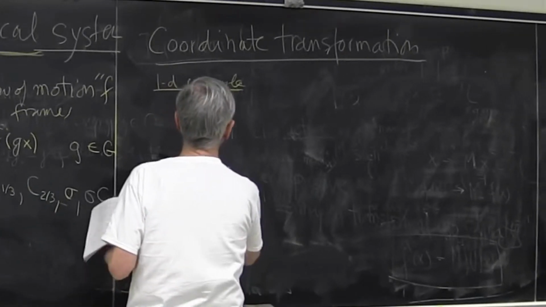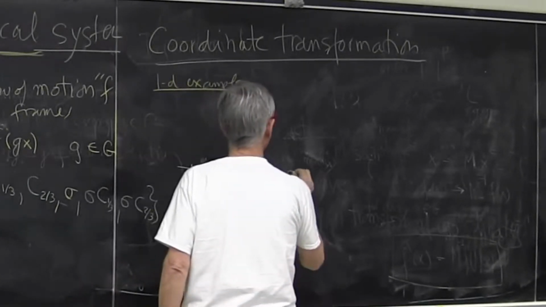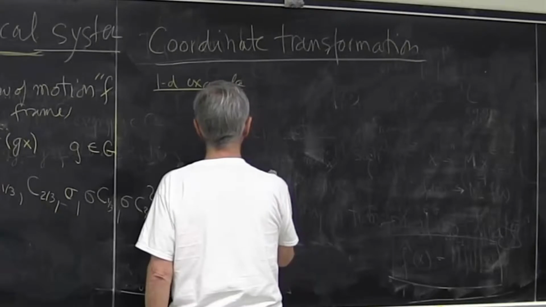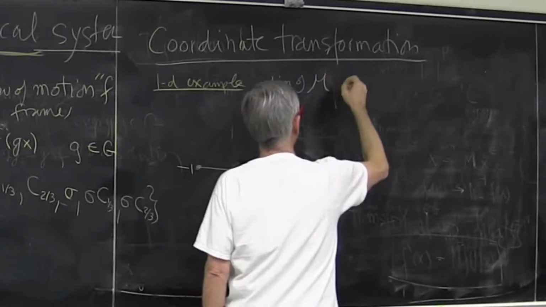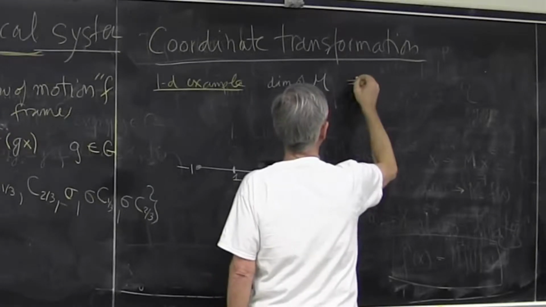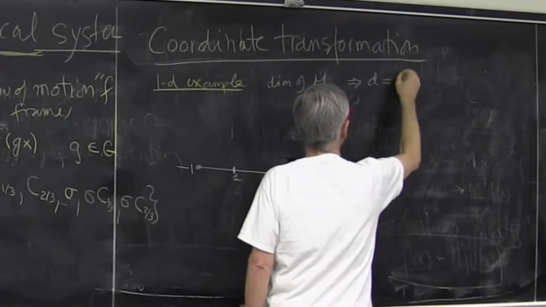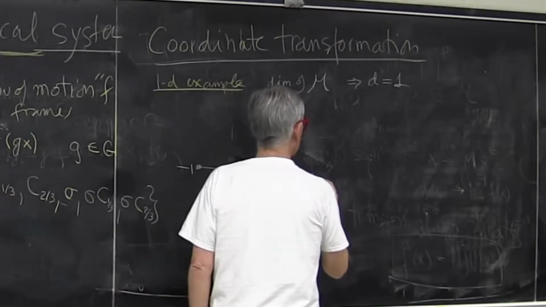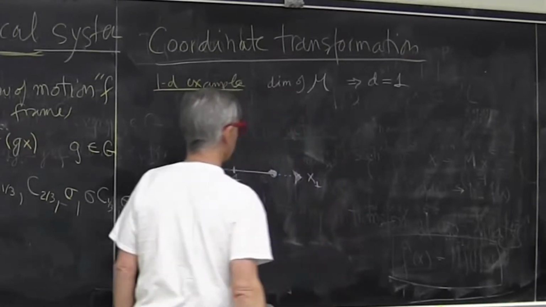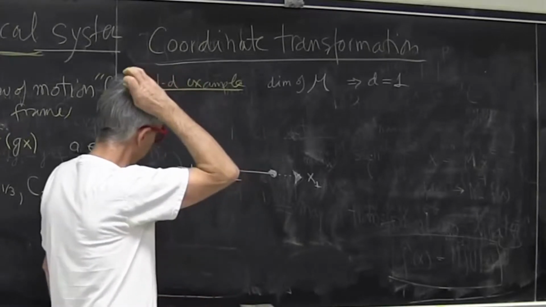Let's take a unit interval from -1 to +1. The dimension of your state space is d equals 1. So if I measure where I am on a line, I just measure one coordinate, let's call it x.